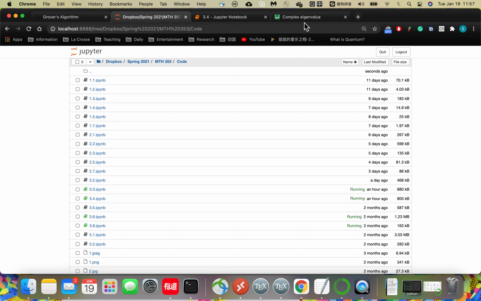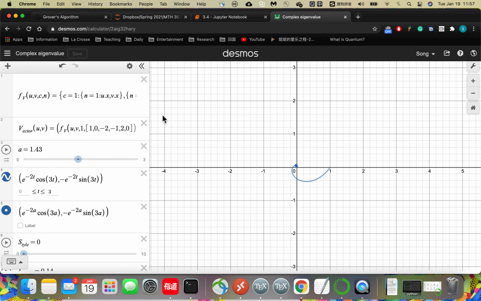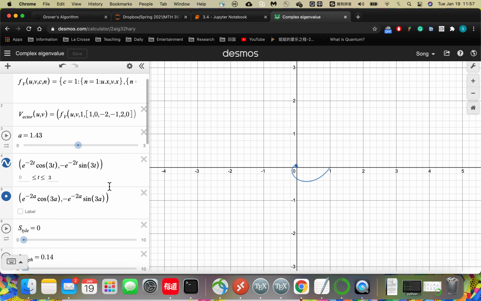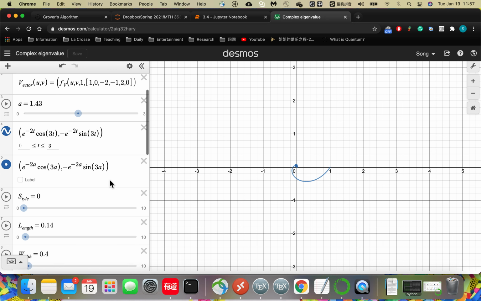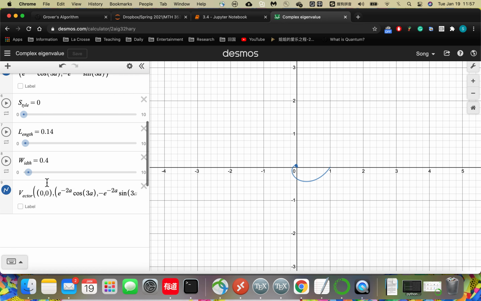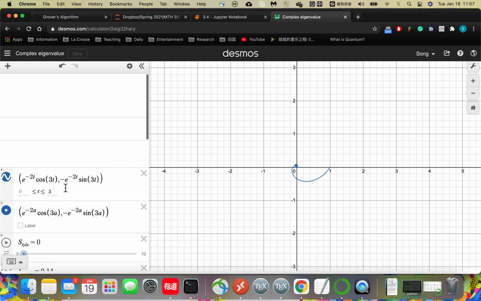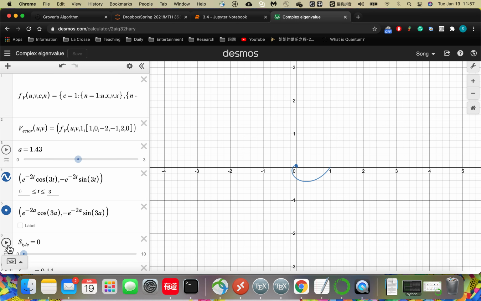Now we can see this. If we plug the two solutions into this question, what we got is the first vector, and we have a rotation.